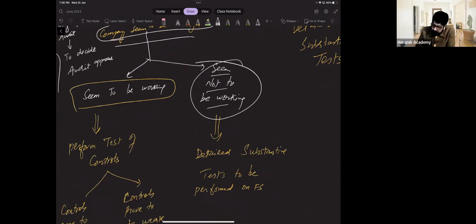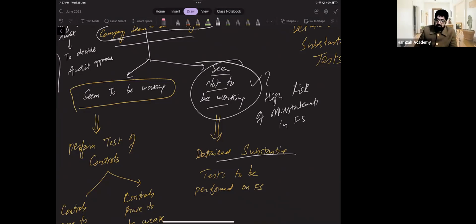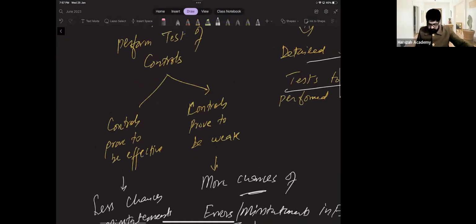What does it mean? The meaning is high risk of misstatement in financial statements, because controls didn't work, so more chances of errors and mistakes. Hence, detailed substantive tests. Extensive audit work on financial statements is required. Now, next point.